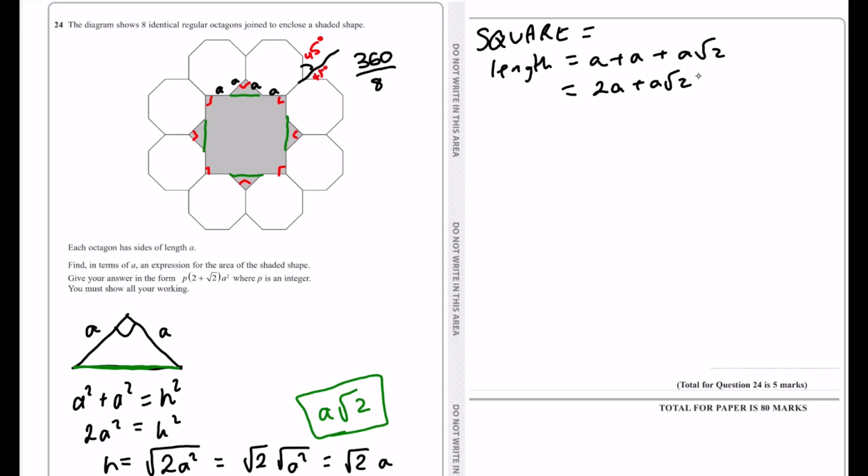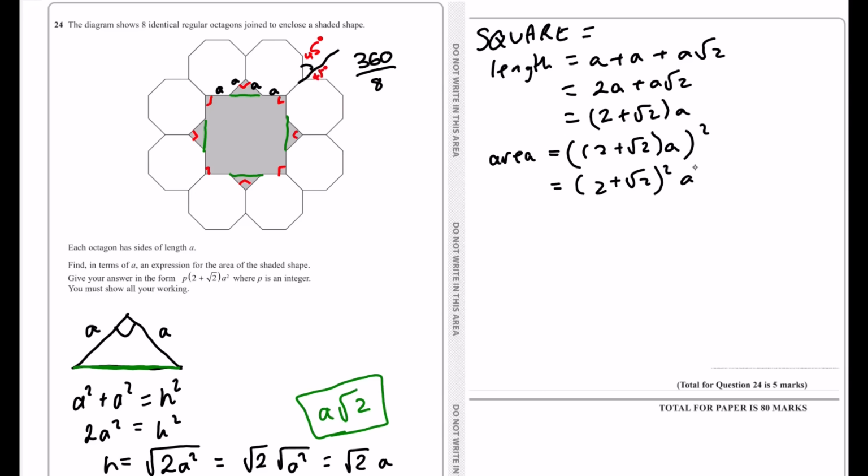Should I leave it like that, or should I factorize out the a? 2 plus root 2 times a. Either one. So the area of the square is that times itself. So 2 plus root 2 squared, a squared. Yep, I like that. So we'll have that as the area of the square.